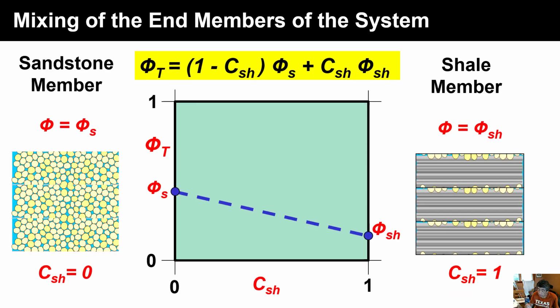That's important. And in the previous presentation we talked about the Thomas-Stieber diagram, which essentially is a mixing law for porosity of the rock and volumetric concentration of shale, where we're doing mixing between the two end members. The volumetric concentration of shale, here indicated as CSH, is nothing else but the fraction of the shale layers that we have in a given volume.